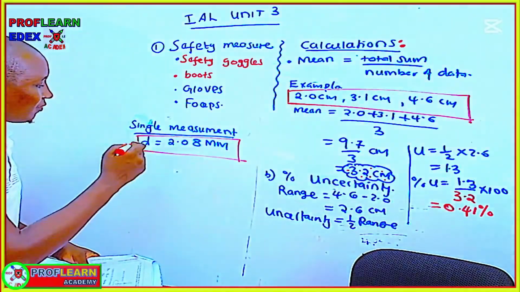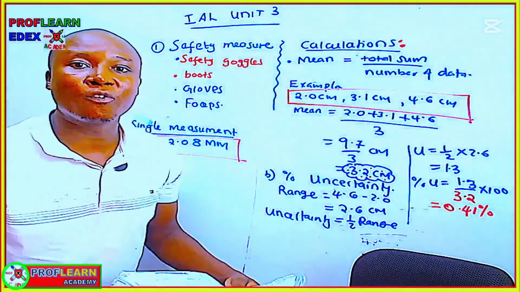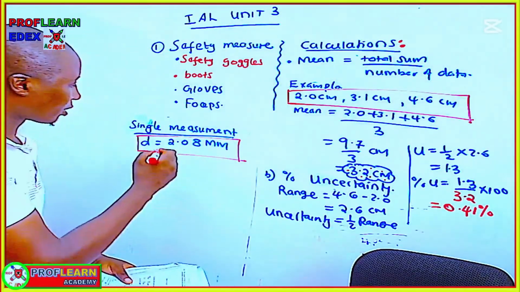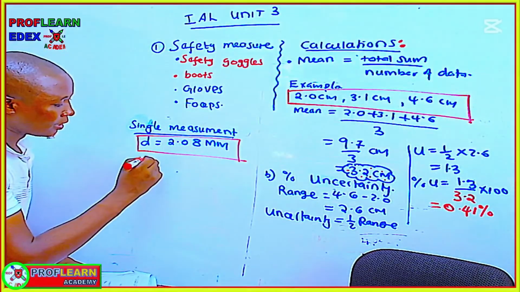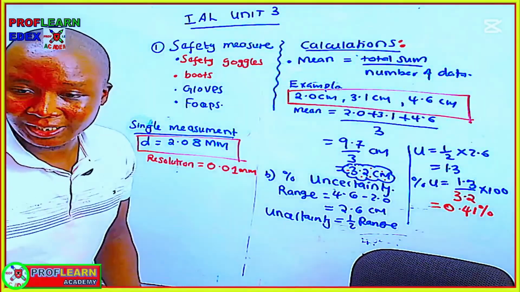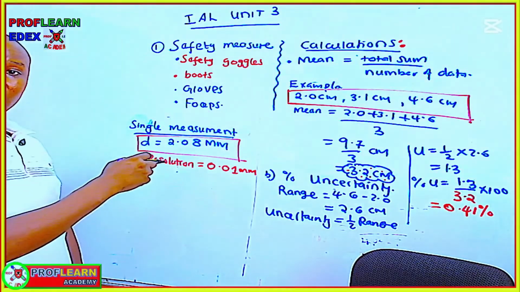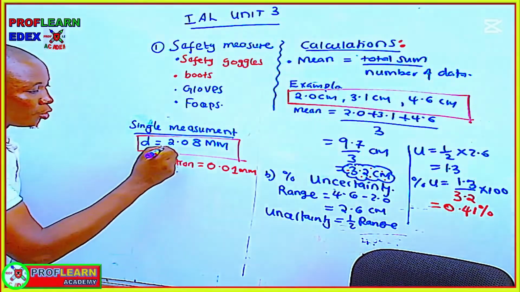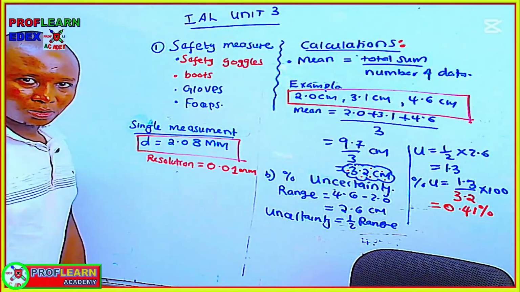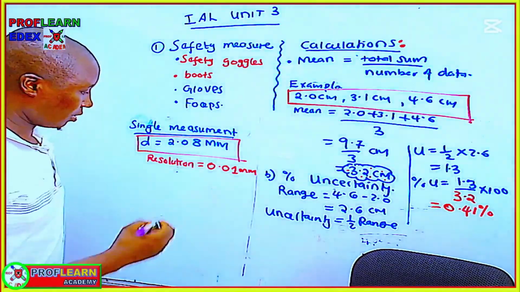When you are given a single data value like this, you are going to use the concept of resolution. The resolution of this instrument is the least unit that this instrument can measure, and this could be a micrometer screw gauge, because it is in millimeters and it is also in 2 decimal places.